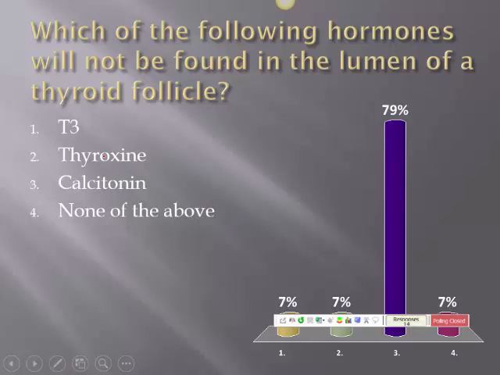Calcitonin. Yes, you do find T3 and T4. Remember, they were made in the lumen and then brought back into the cell and then go into the bloodstream. Calcitonin just goes directly from the cells into the bloodstream, it doesn't need to go into the lumen.